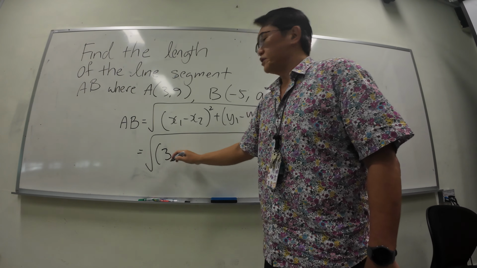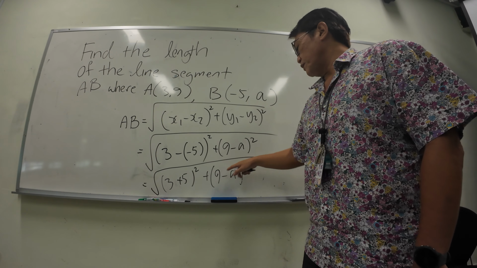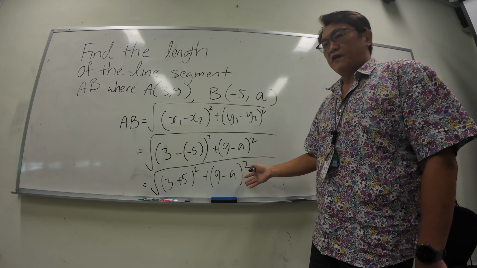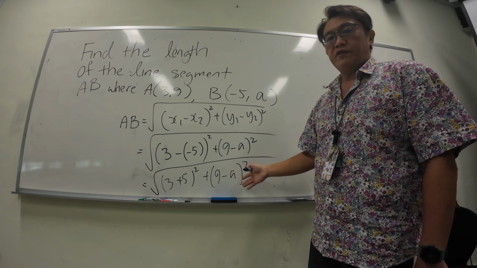So 3 becomes 3 plus 5. Then, when there are some unknowns inside, we have to square a bracket. Maybe some of you will face some difficulty. In the algebra worksheet that I gave you, I also saw some of you facing difficulty when we are expanding and simplifying this part.